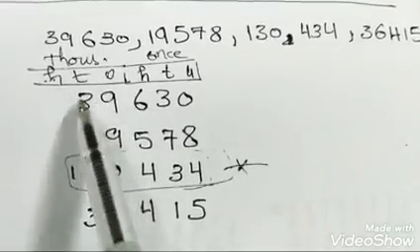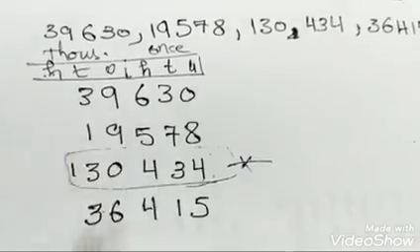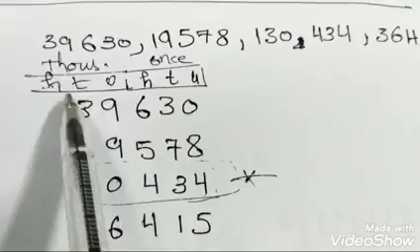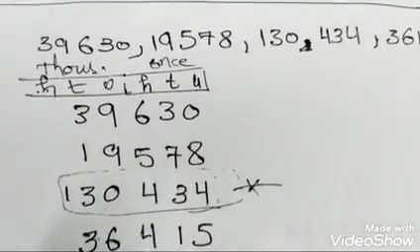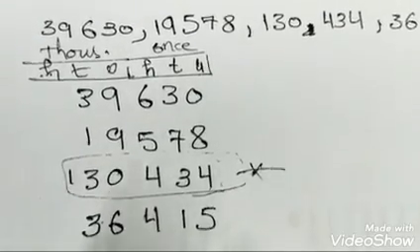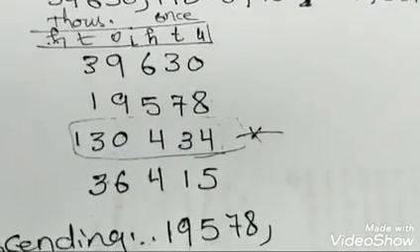I have here 3, 1 and 3. Of course, 1 is smaller than the others, so the 1 in the 10,000 place is the smallest. So this is the one at the beginning, 19,578.